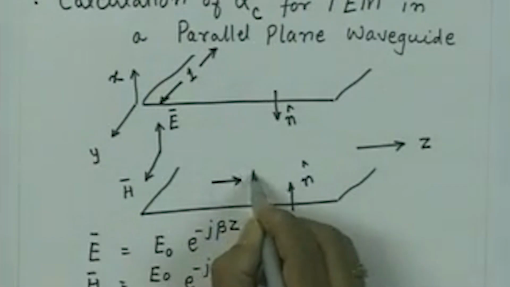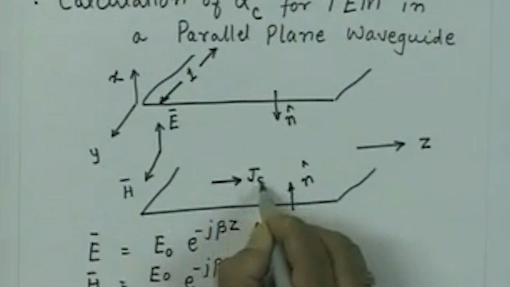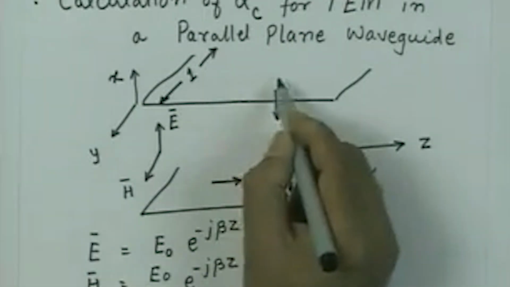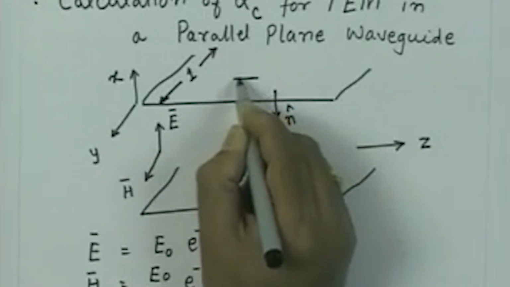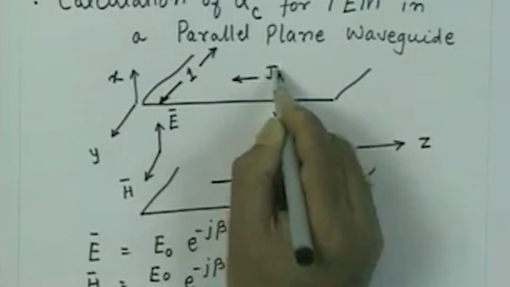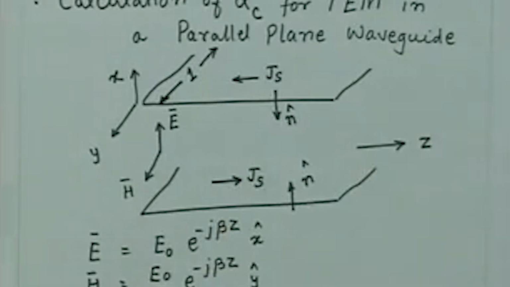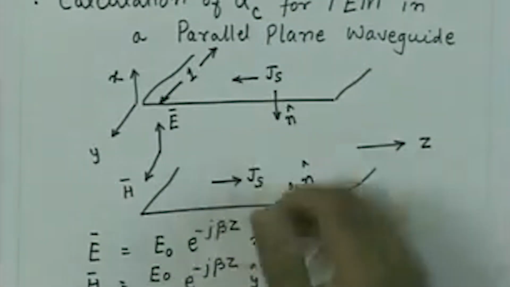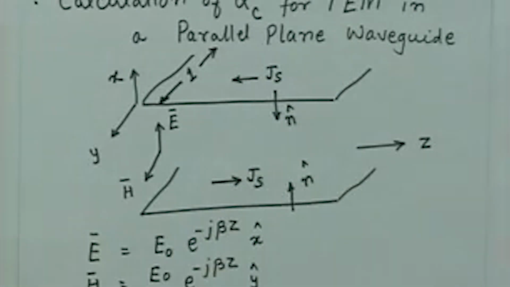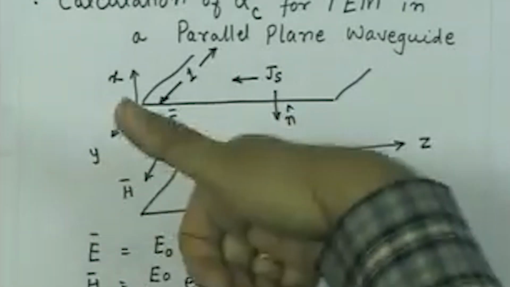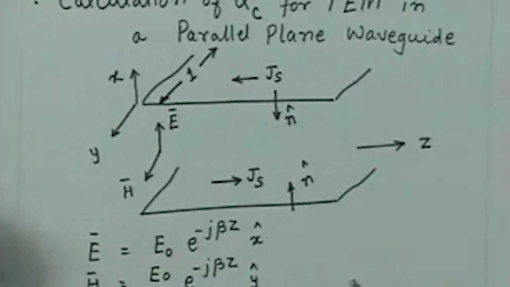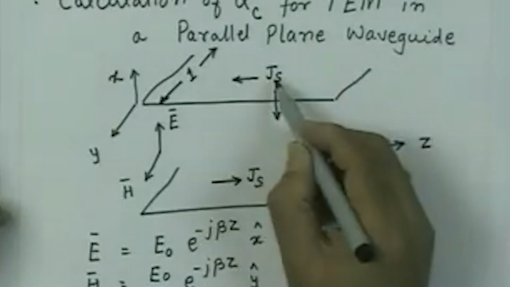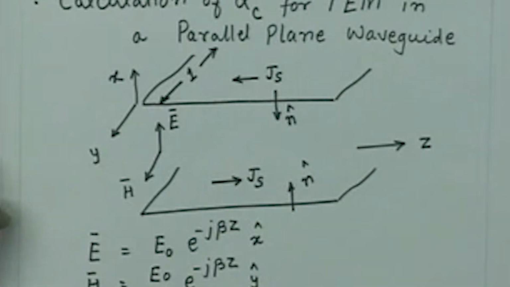So I have a surface current which flows here, which is Js, and similarly on this wall surface current will be flowing this way, which will be Js, again n cross H, the n is downwards and H is coming out. If I go by that, then from here n to H will give me direction of Js, and the amplitude of Js is exactly same as this amplitude, which is E0 upon eta.